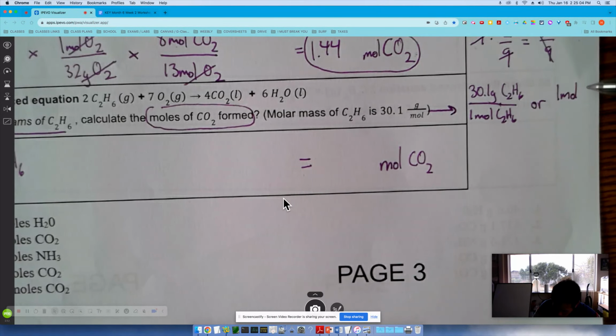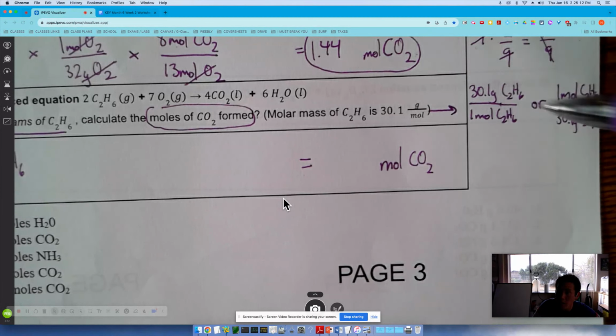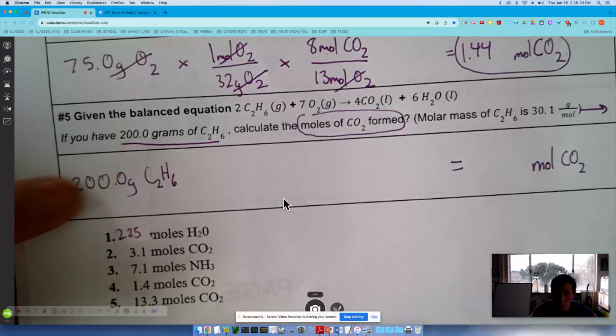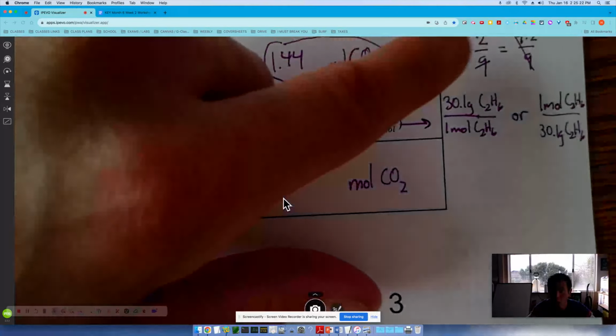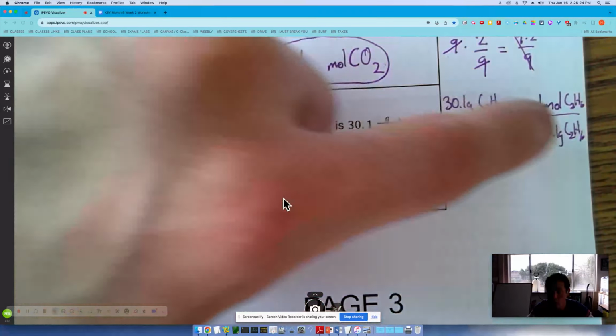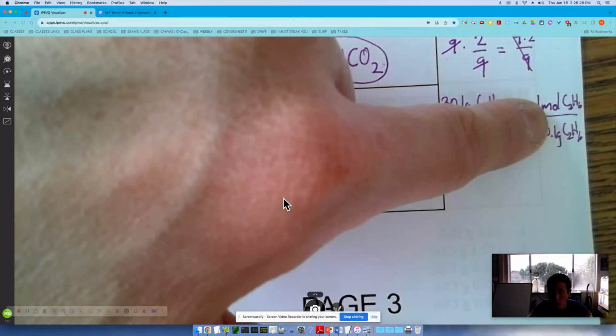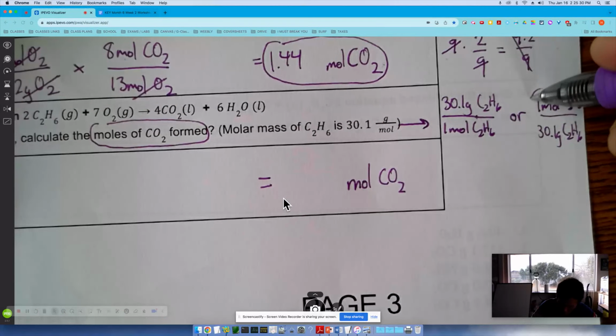So meaning 1 mole of C2H6 can go on the top, and on the bottom is 30.1 grams of C2H6. They both mean the same thing, but the order is different. They're flip-flopped. The question is, I'm going to multiply this by one of these conversion factors. The question is, which one? This one or this one? The answer will actually be this one.